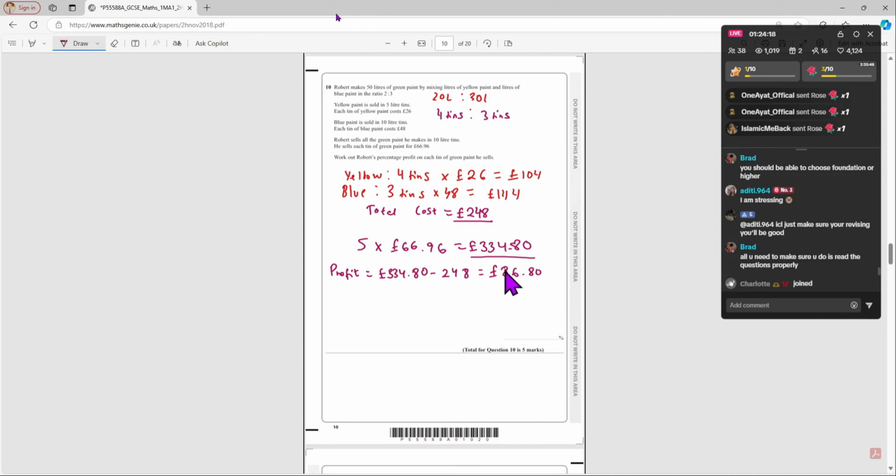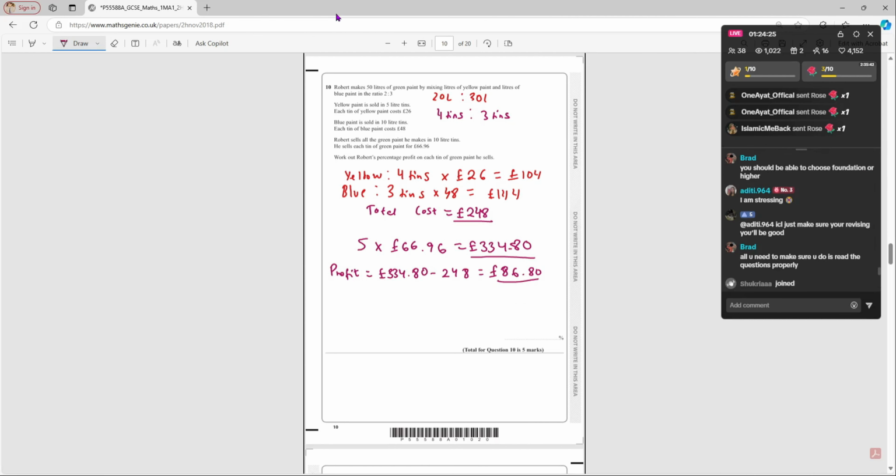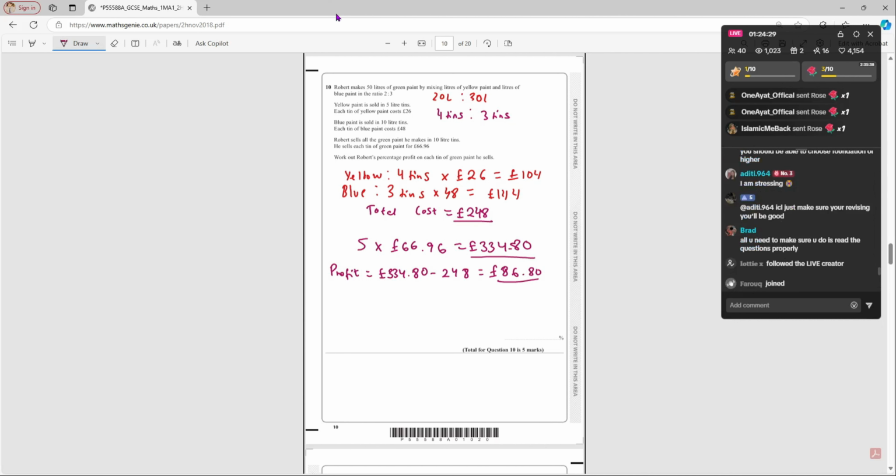And now once we have got the profit, we have to work out the percentage profit. So in the chat, do you guys know the formula for percentage change or the percentage profit?